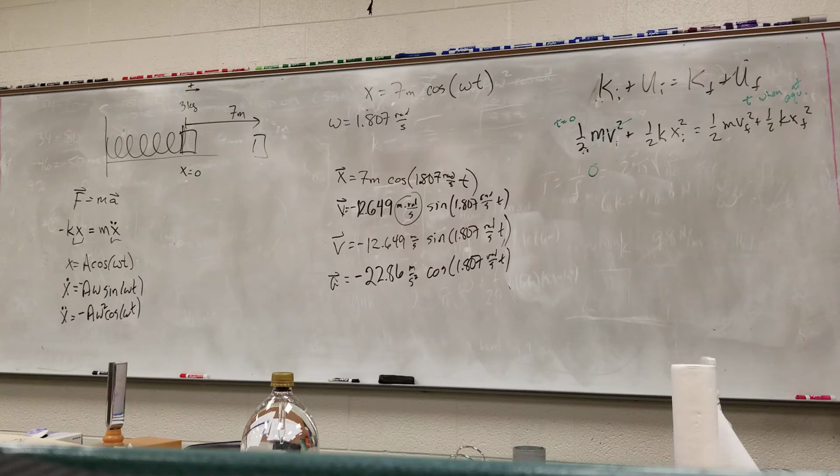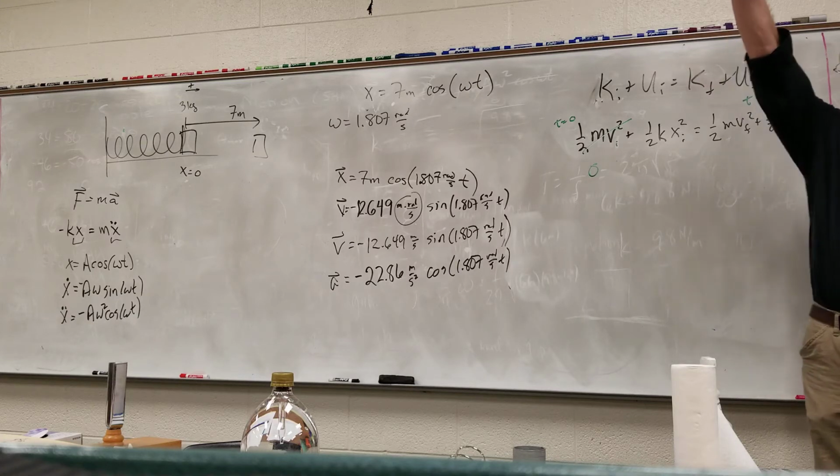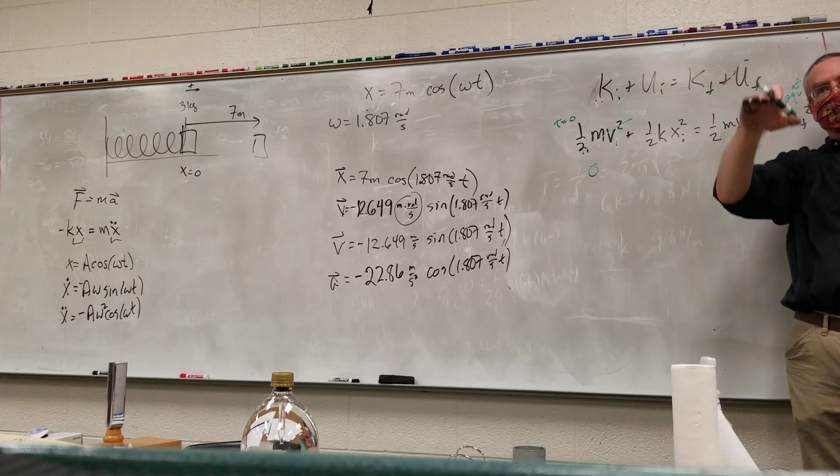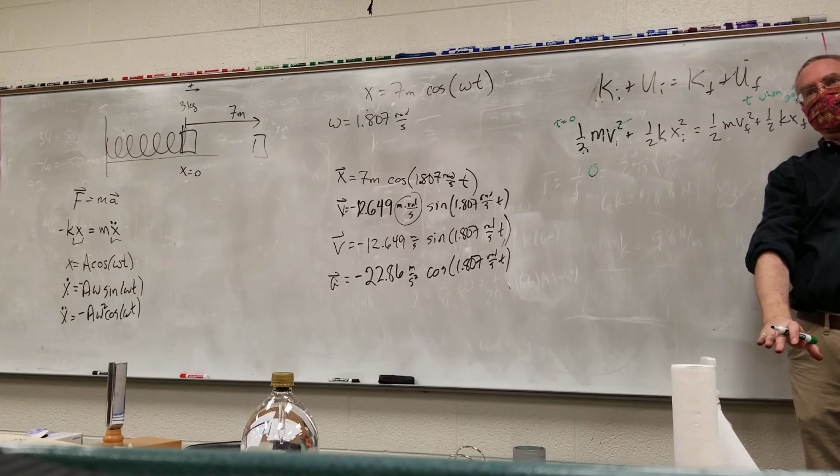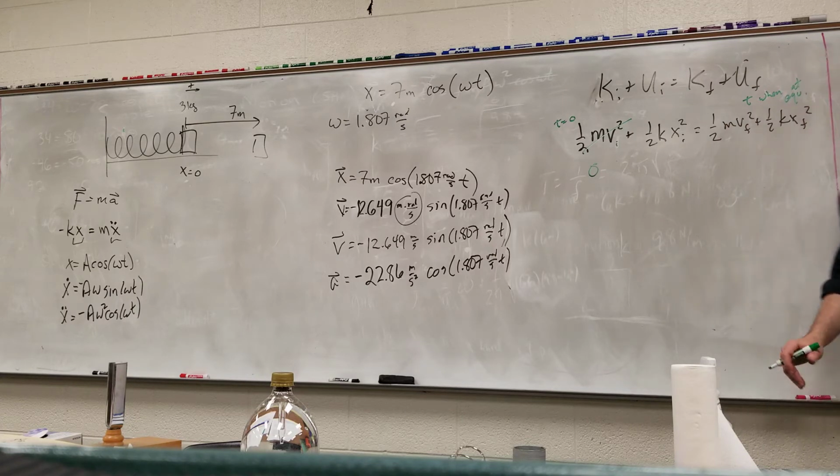The energy here is equal to the energy everywhere. So it starts out all potential. There's no kinetic. It's not moving when I pull it out, and at the moment I let go, it's not moving, and then it starts to move. All this potential gets converted into kinetic, and it's all kinetic when the potential is 0 over here.